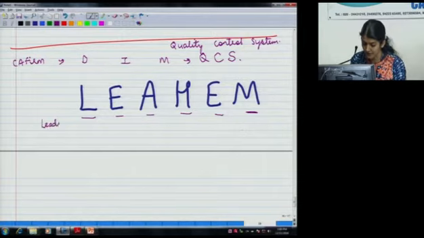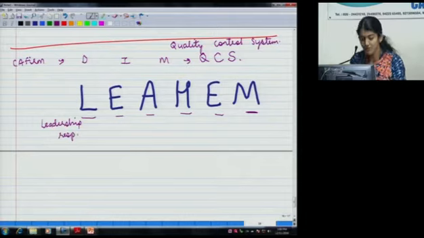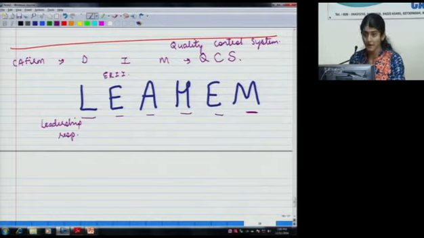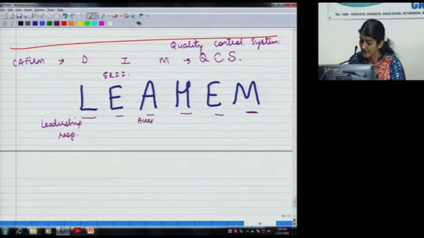Leadership responsibilities. When we go to each one of them, we'll write them down. Then ethical requirements including independence. IOC CPT, you remember? Then acceptance and continuance of client relationship.